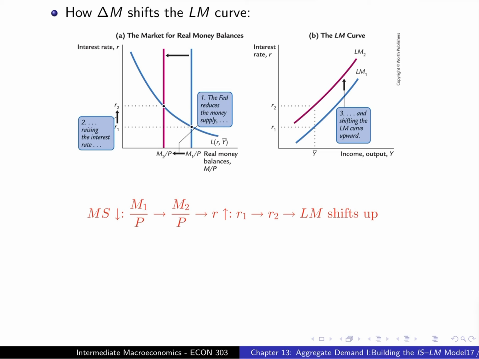To restore equilibrium, the interest rate rises from R1 to R2. In the LM graph, right side, this change causes the LM curve to shift upward from LM1 to LM2. So a decrease in money supply shifts the LM curve upward or left.